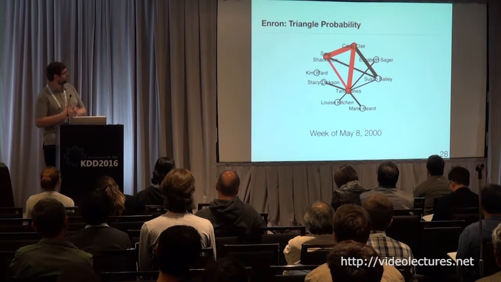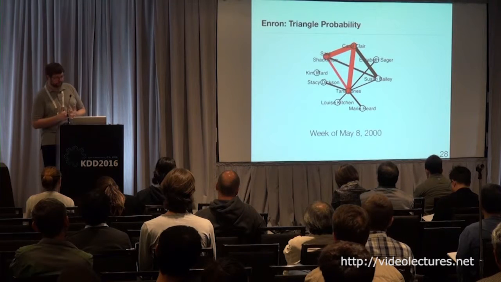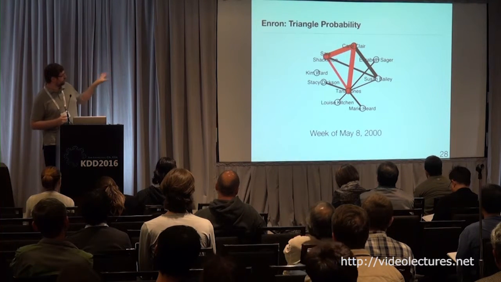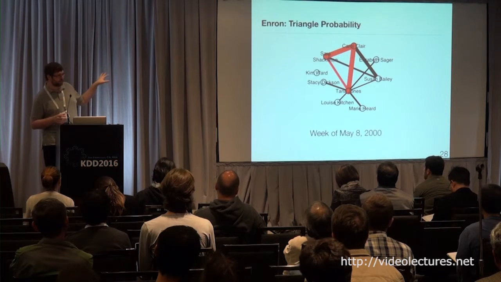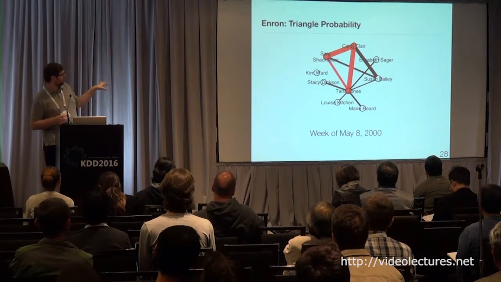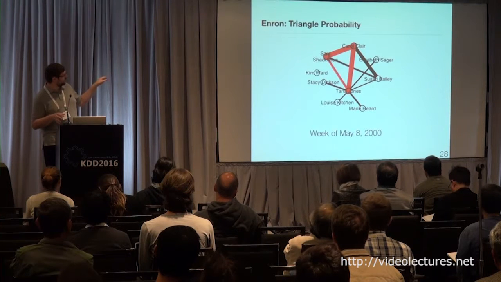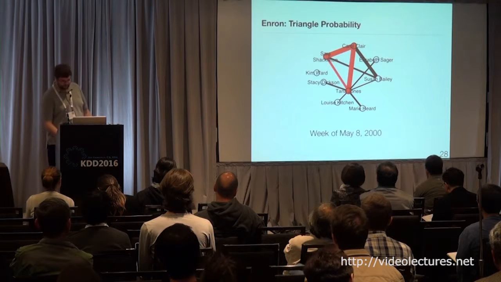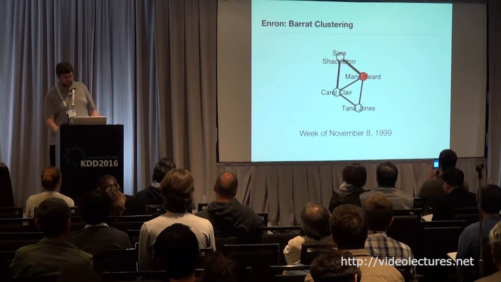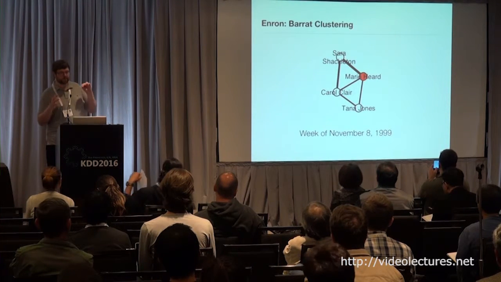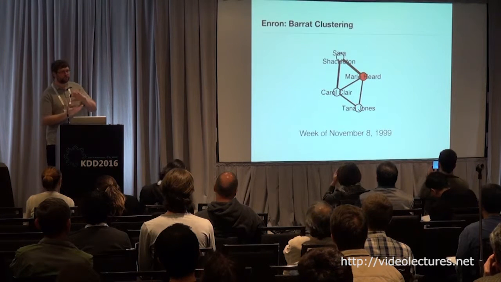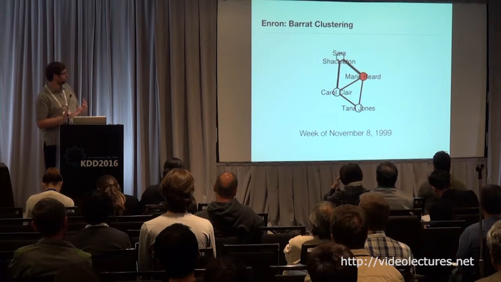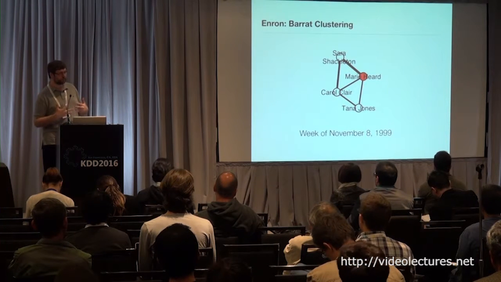Okay, so if we look at what triangle probability finds in the Enron network, it identifies this set of communications. So this is basically the members of the Enron legal department, and it found a time when they had a very high rate of communication between the members. Now, what's interesting is that Barat clustering also identifies members of the Enron legal department, but it picks a day where there's actually not a lot of communication going on.